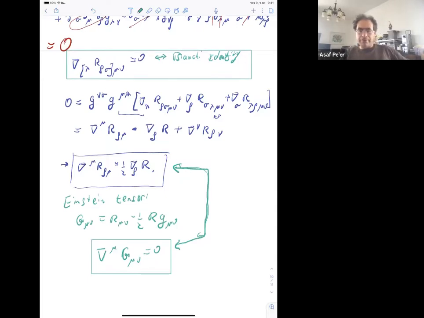Now, the Einstein tensor is obviously symmetric because of the symmetry of the Ricci tensor, and I'm not going to surprise you by telling you it's actually quite an important tensor in what's going to follow. All right, questions? I promised you today we're going to do a lot of algebra, and I promise you that the outcome is going to be quite important.